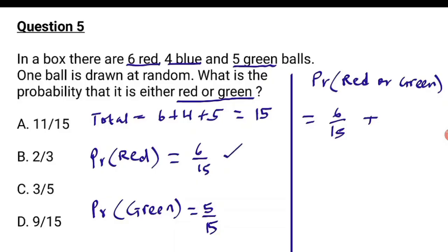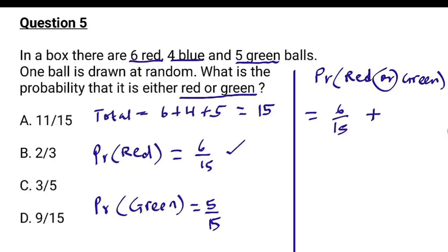Then plus, because the "or" that is here makes us add it together. If it is "and", remember in our previous example, I said "and" is multiplication, but here it will be addition. Then for the probability of green, we have 5 over 15.